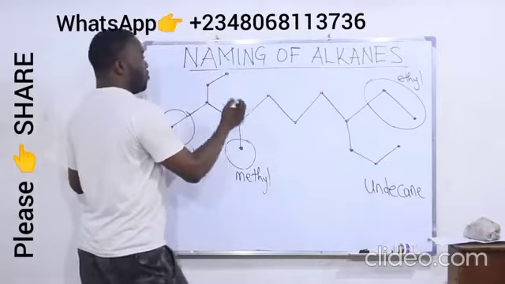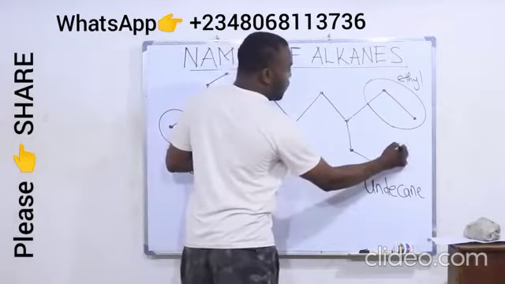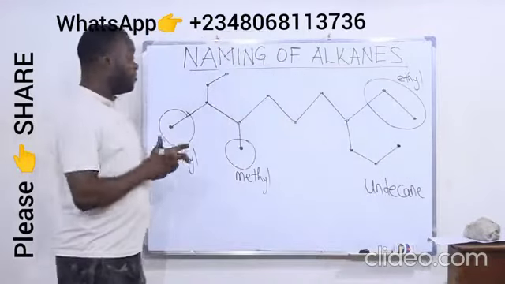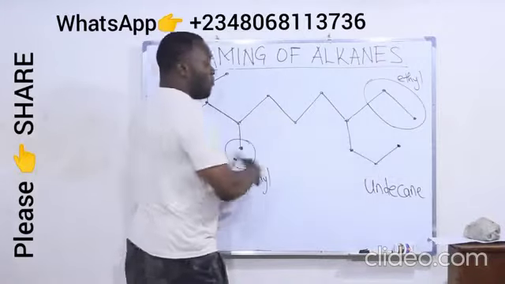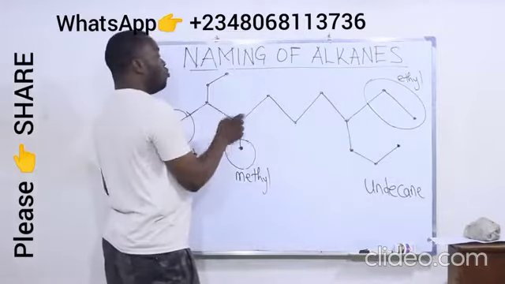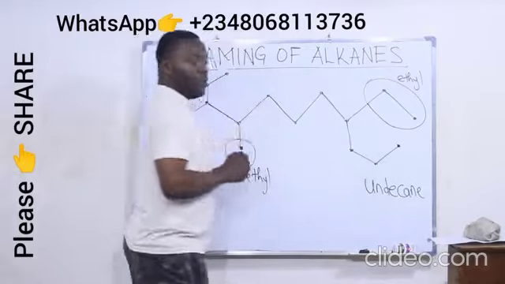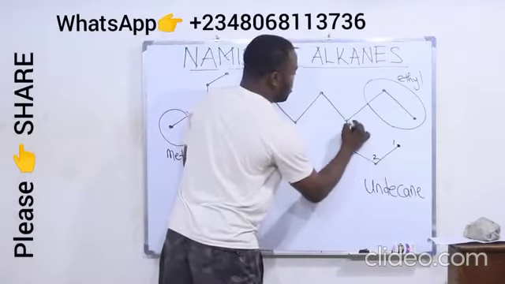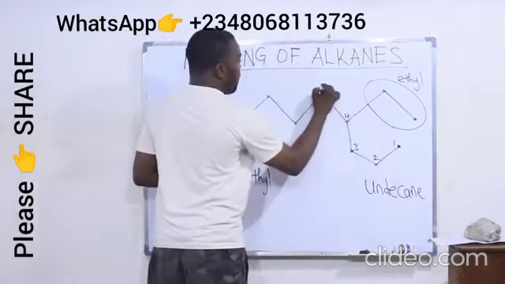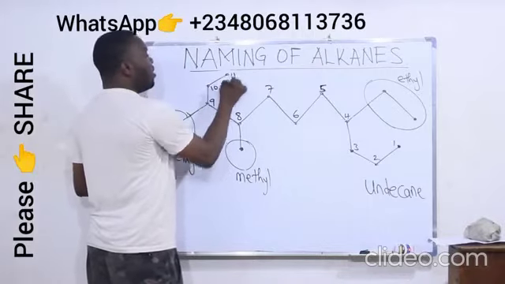If I number from this place, remember the longest chain has two ends, this place and this place. So it is either I number from here to here, or from here to here. Let's check. If I number from here, I will have 1, 2, 3, 4, 5, 6, 7, 8, 9, 10, 11.